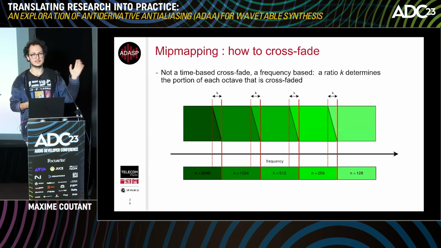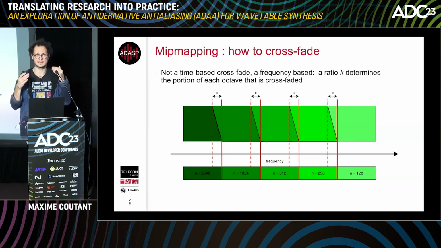A bit more detail: I didn't go for a more classic time-based crossfade, but more of a frequency-based one. What that means is I pick a ratio k between 0 and 1, and that is the proportion of each MIP map waveform that is crossfaded with the previous. I don't have a really strong opinion on that. It was simply the fastest to implement, so I went with this.